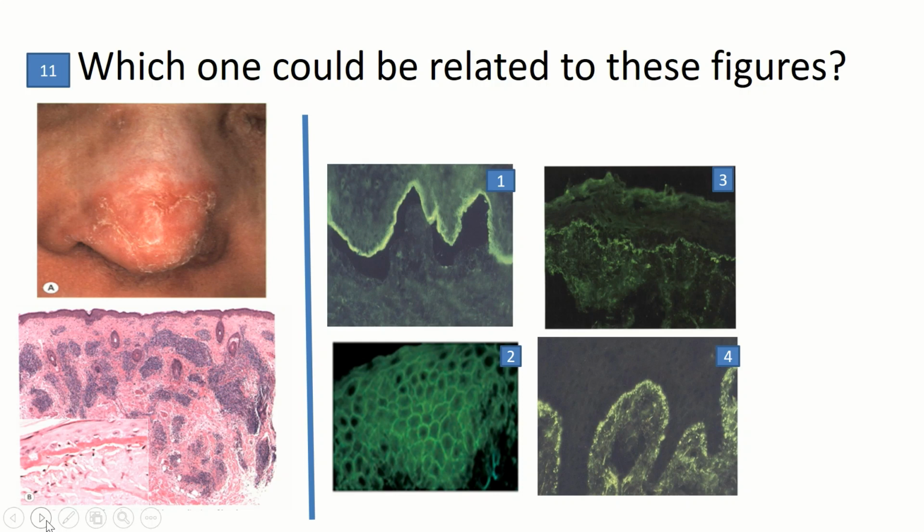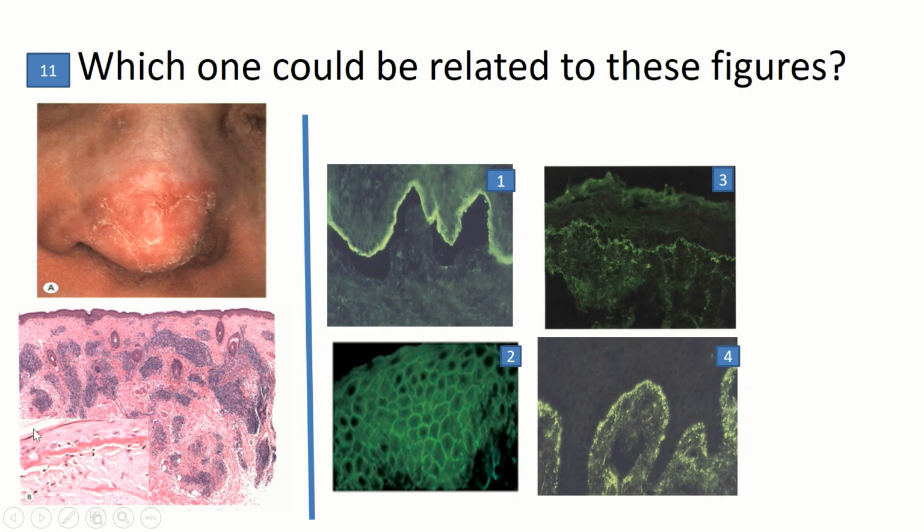Now, as a recap, I should say that the pemphigus group, all of them, pemphigus vulgaris, pemphigus vegetans, pemphigus foliaceus, and paraneoplastic pemphigus, all present with bulla formation in the intraepidermal space.